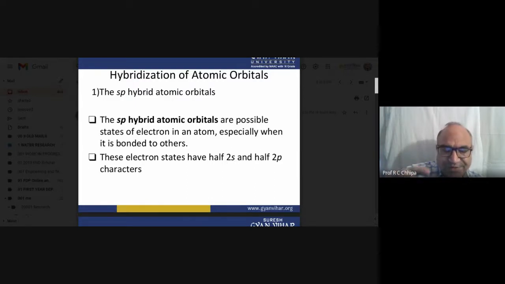And these two sp hybrid orbitals in a carbon atom, in an acetylene gas molecule, form a bond between the two carbon atoms, that is one carbon sp atomic orbital and another carbon sp atomic orbital.